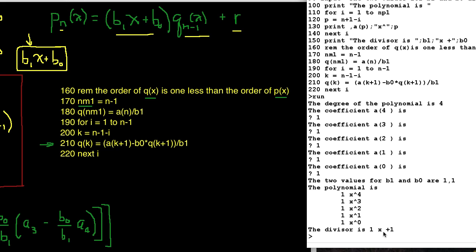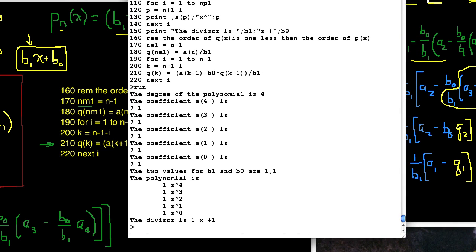Okay, so now we need to have some statements in here where we actually are going to print out the values for the polynomial q of x. Okay, let me see how we can do that.